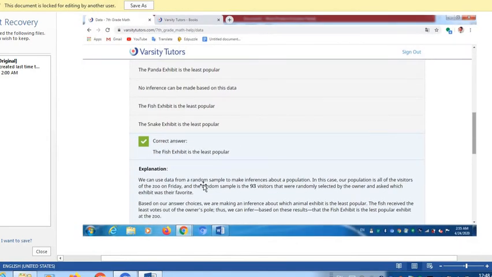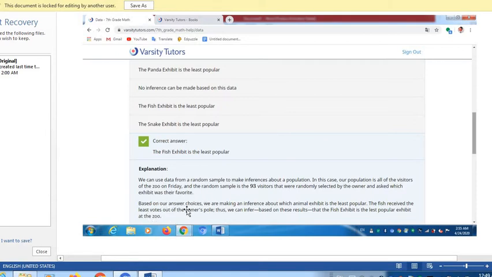Explanation here, we can use data from a random sample to make inferences about a population. In this case, our population is all of the visitors of the zoo on Friday. Okay, and the random sample is 93 visitors that were randomly selected by the owner and asked which exhibit was their favorite.